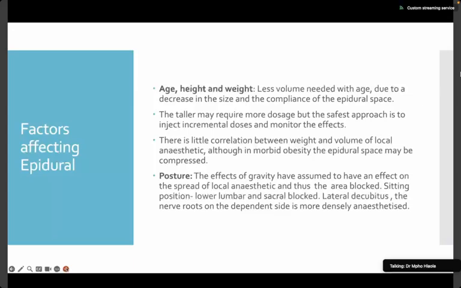It will either go to the lower lumbar and the sacral area and block it there, and you won't get a good enough block if you are aiming to go maybe around the umbilical area. Also, if you have a patient in the lateral position, the block will most likely go to the side that the patient is lying on. So you just need to remember that when you're giving blocks.